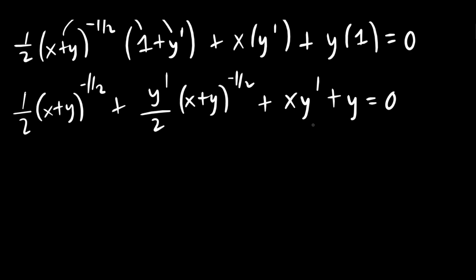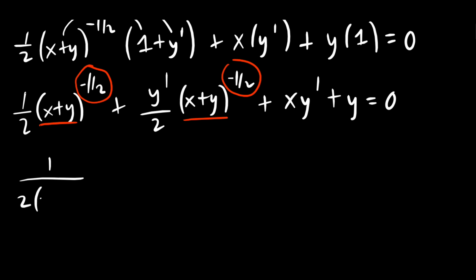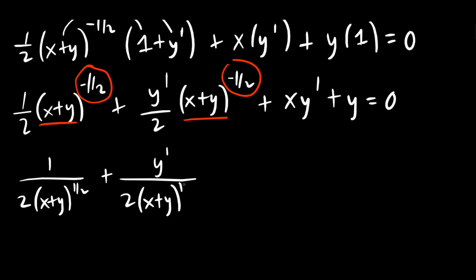Take note that we have a negative exponent, so this term and this term will be put into the denominator. So we have 1 all over 2 multiplied by x plus y raised to the power of 1 half, plus y prime all over 2 multiplied by x plus y raised to the power of 1 half, plus x y prime plus y is equal to 0.